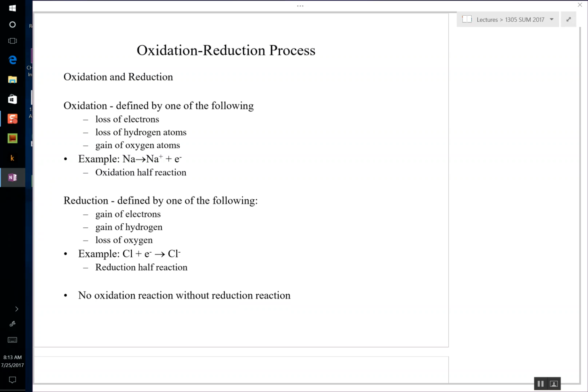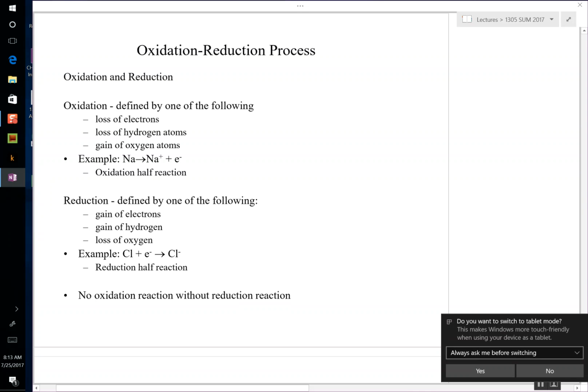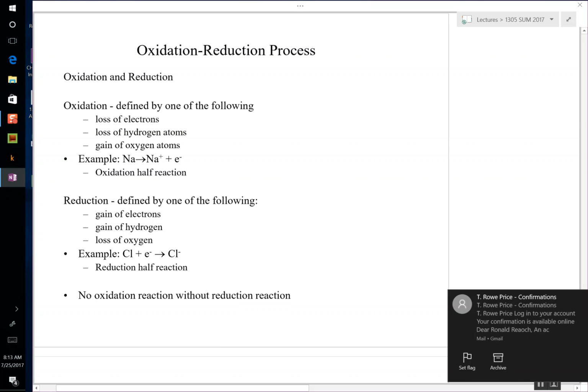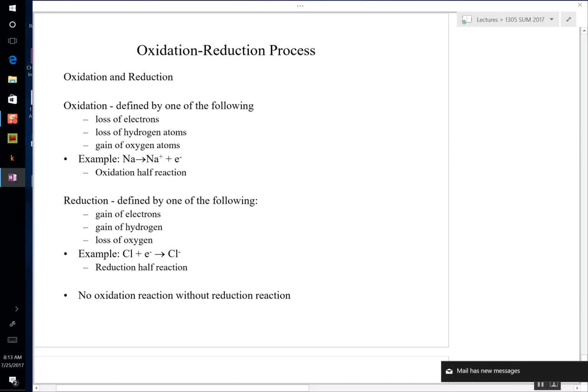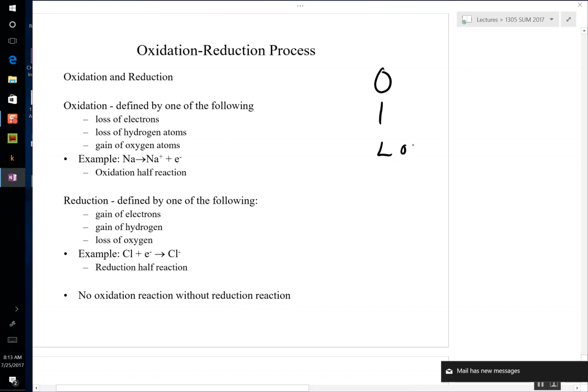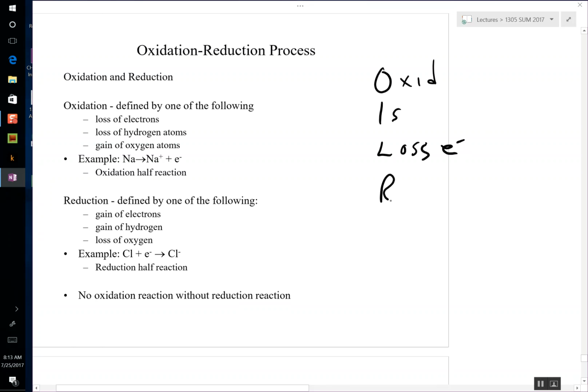All right, so now the last concept is oxidation and reduction. This is a whole different kind of reaction. I ended talking about oxidation is the loss of electrons. Reduction is the gain of electrons.